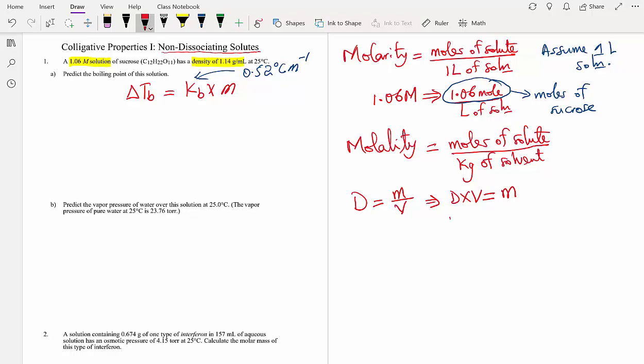The density is 1.14 gram per milliliter. And we already assumed 1 liter of the solution. And 1 liter is 1000 milliliter. If we multiply these two, milliliters will cancel out. That will give us the mass of the solution. And this would work out to 1140 grams of solution.